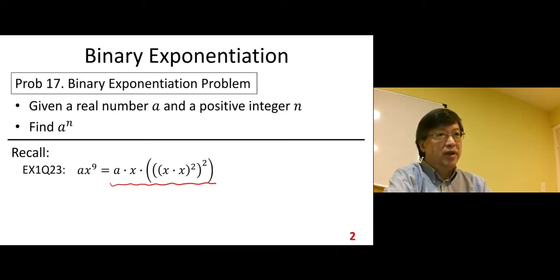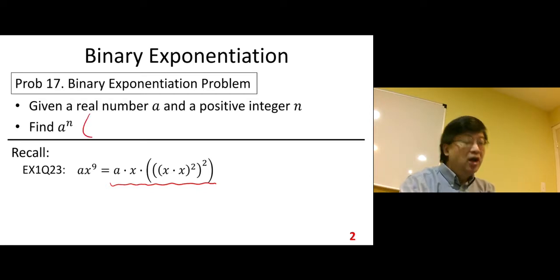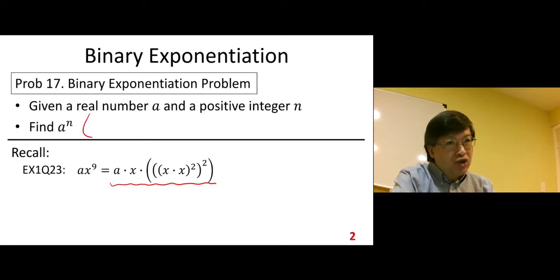Because the goal is using the minimum number of multiplications. So find this in the most efficient way. Here I do not say that, but in our algorithm class, we want to find the most efficient algorithm. Here we want to do the same thing.